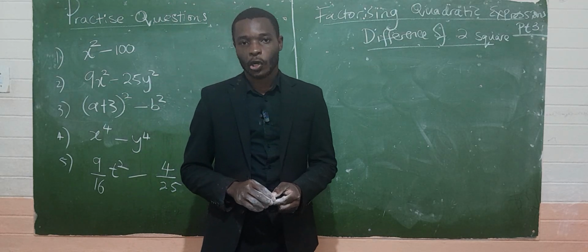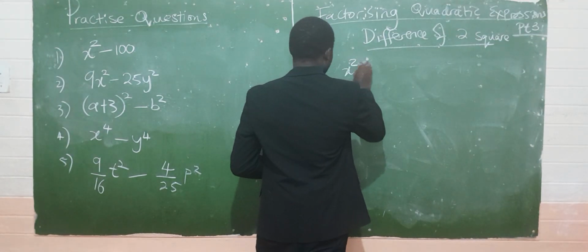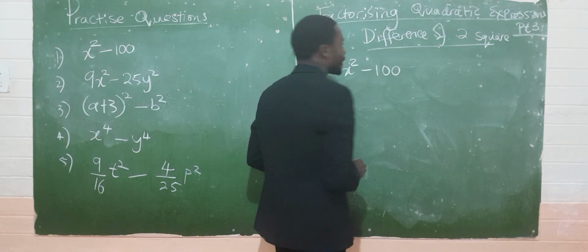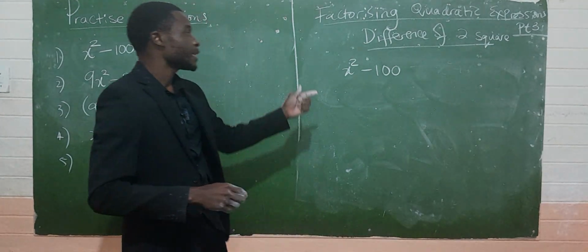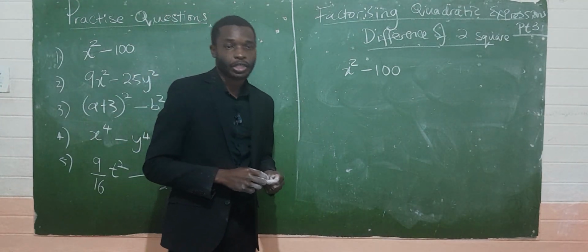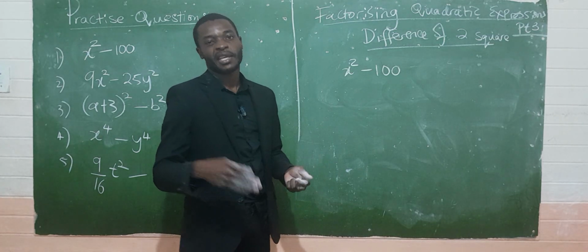Otherwise, let's get started. Let's go with the first question. That's x squared minus 100. One thing we can observe is definitely this is a quadratic expression because the power of x is 2, and that's a quadratic.